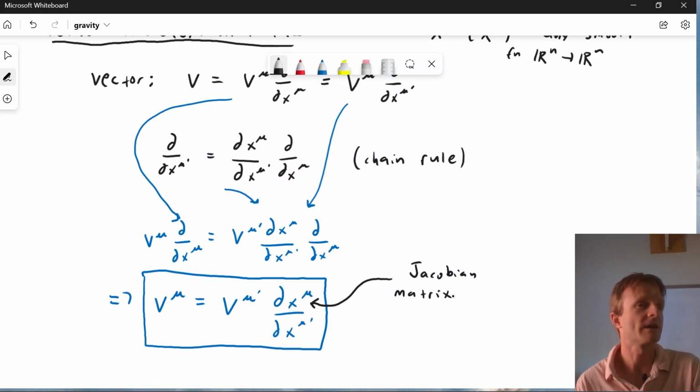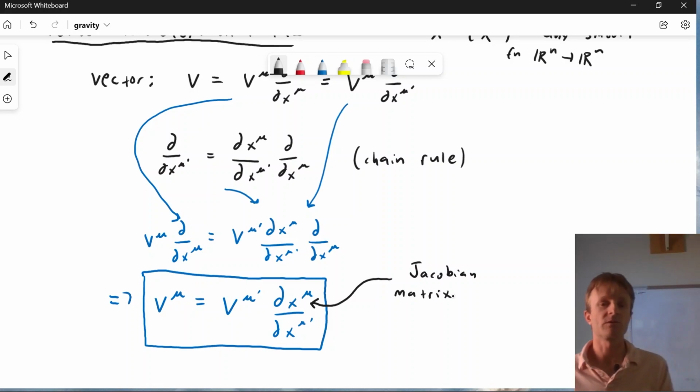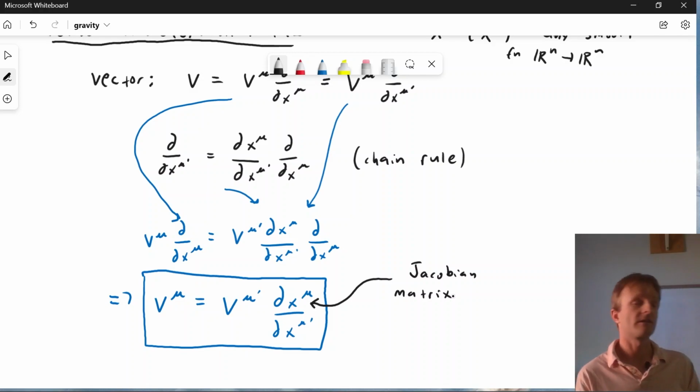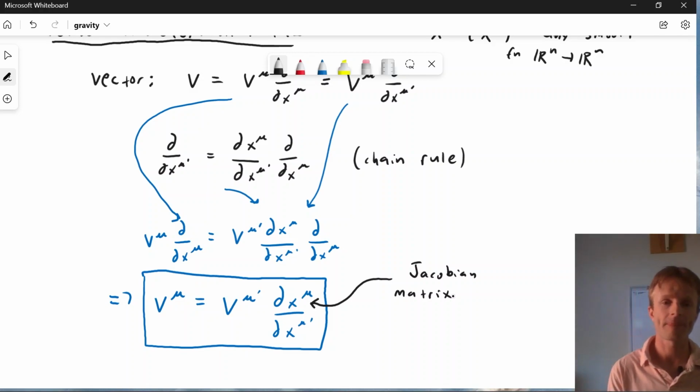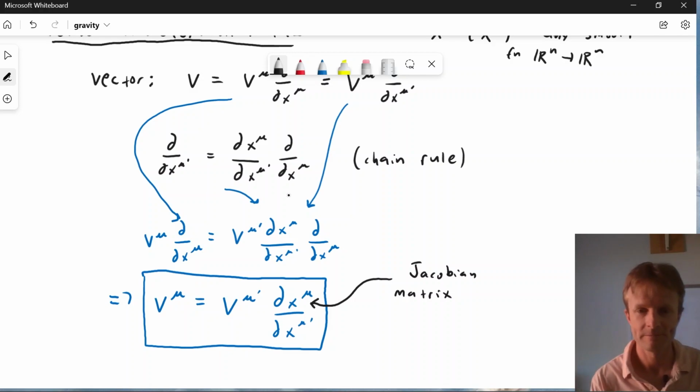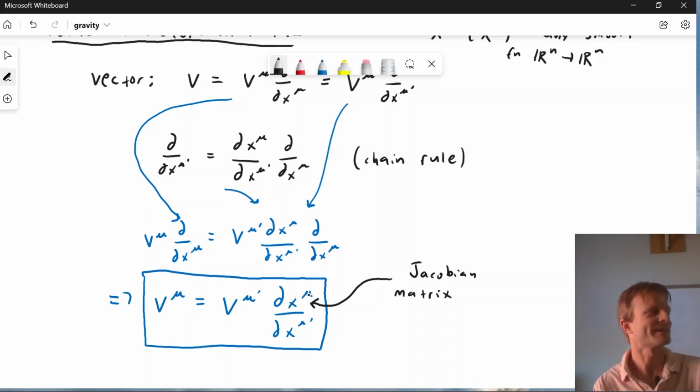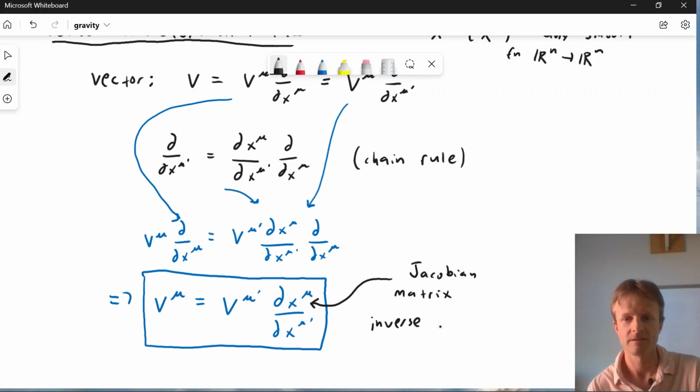Okay, so we know, because we assumed all those overlap maps were smooth, we know this thing exists and is invertible. So the inverse of it, the nice thing about this notation is the inverse of this matrix exists by assumption, and it's written dx mu prime by dx mu.